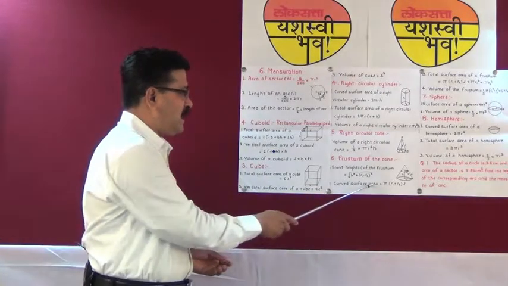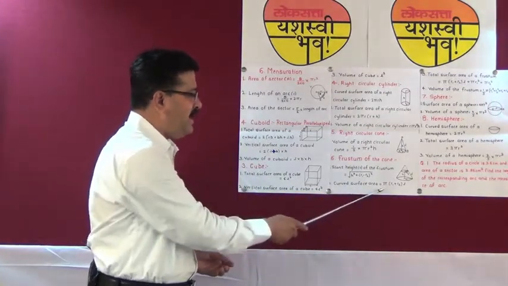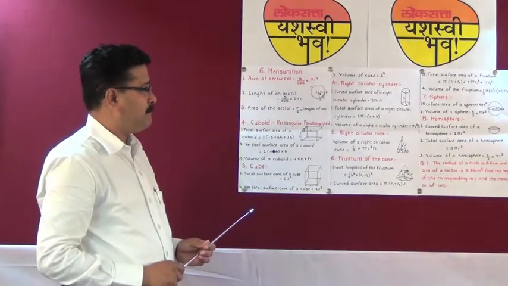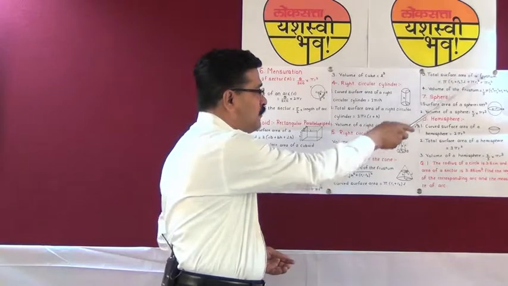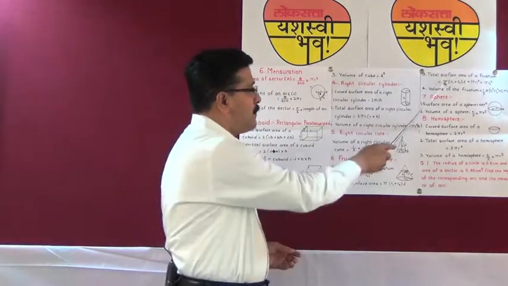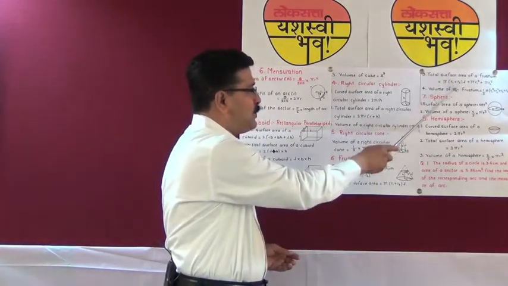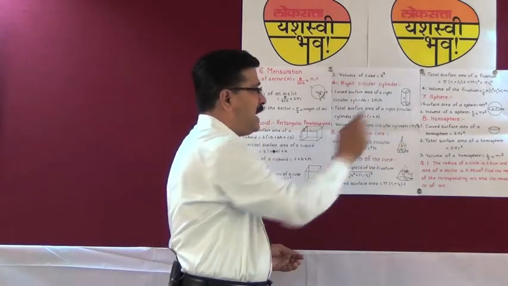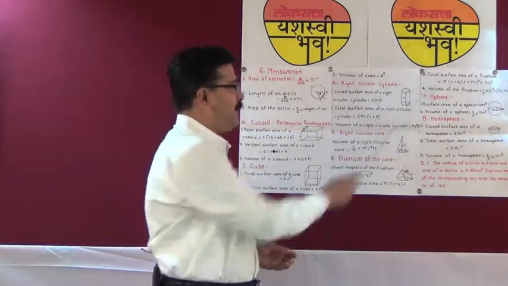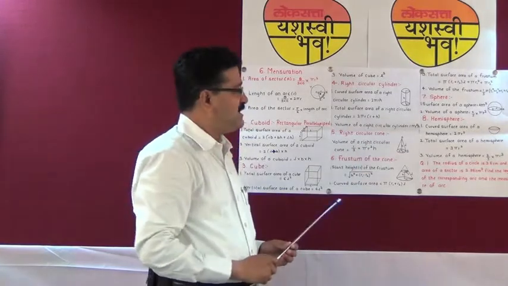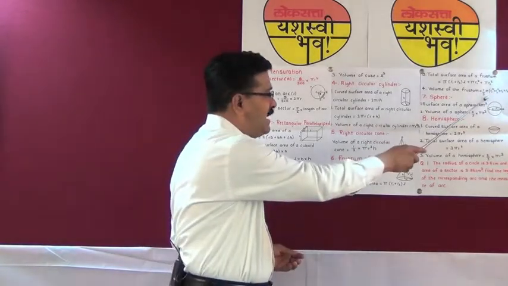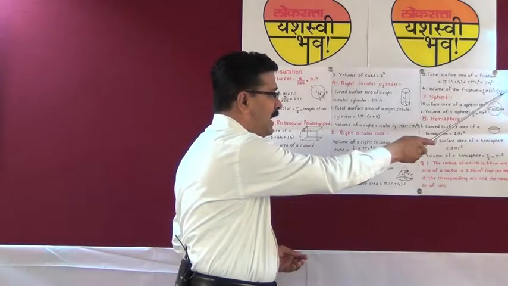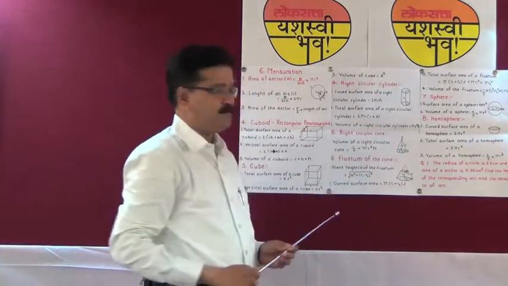Curved surface area of a frustum is given by pi into (r1 plus r2) into L. Total surface area of a frustum is given by pi into (r1 plus r2) into L plus pi r1 square plus pi r2 square, and volume of the frustum is given by 1/3 pi (r1 square plus r2 square plus r1 into r2) into h.